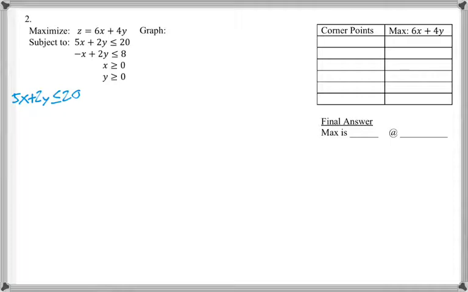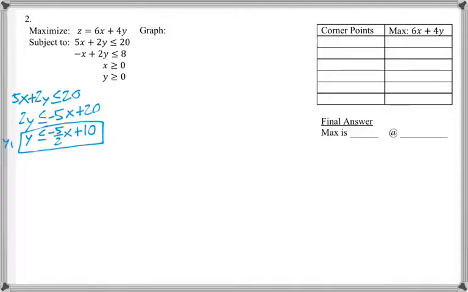So on the first one, I'm going to subtract 5x from both sides. Then I'm going to divide by 2. So this is going to be my y1.